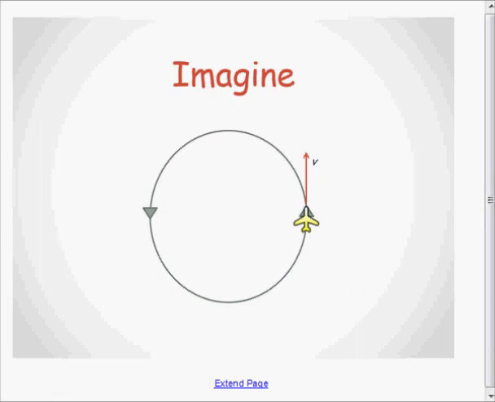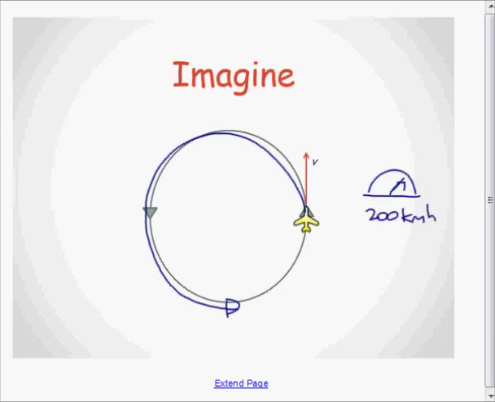So we've got an example here of this plane flying around in a circle, okay. At all times the speedo on the plane, which doesn't really look like this, okay, is pointing at 200 kilometers an hour, and it doesn't change for the whole loop.